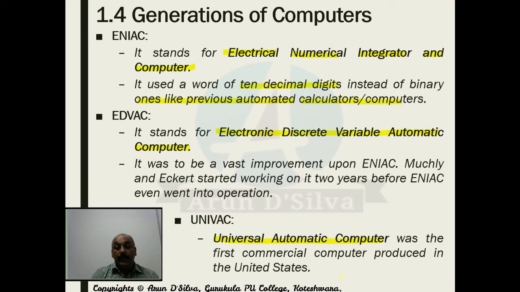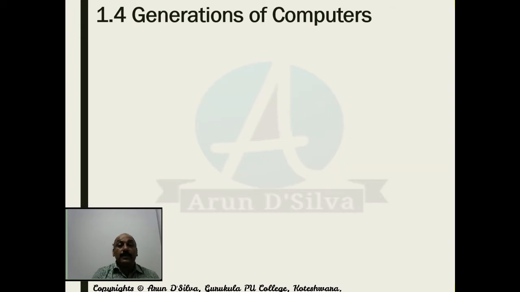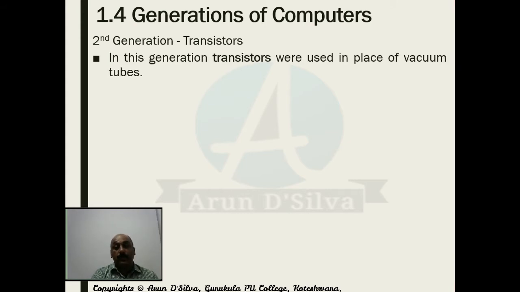Let me move to the next one, that is the second generation. As I told you, in the second generation the vacuum tubes were replaced with the transistor. And the transistors were much smaller than vacuum tubes.